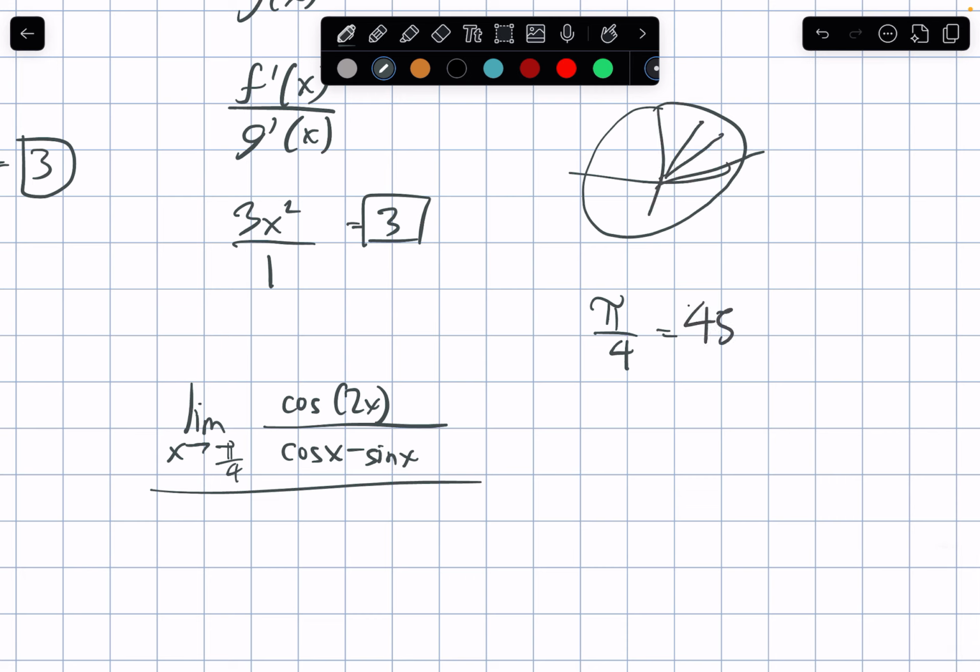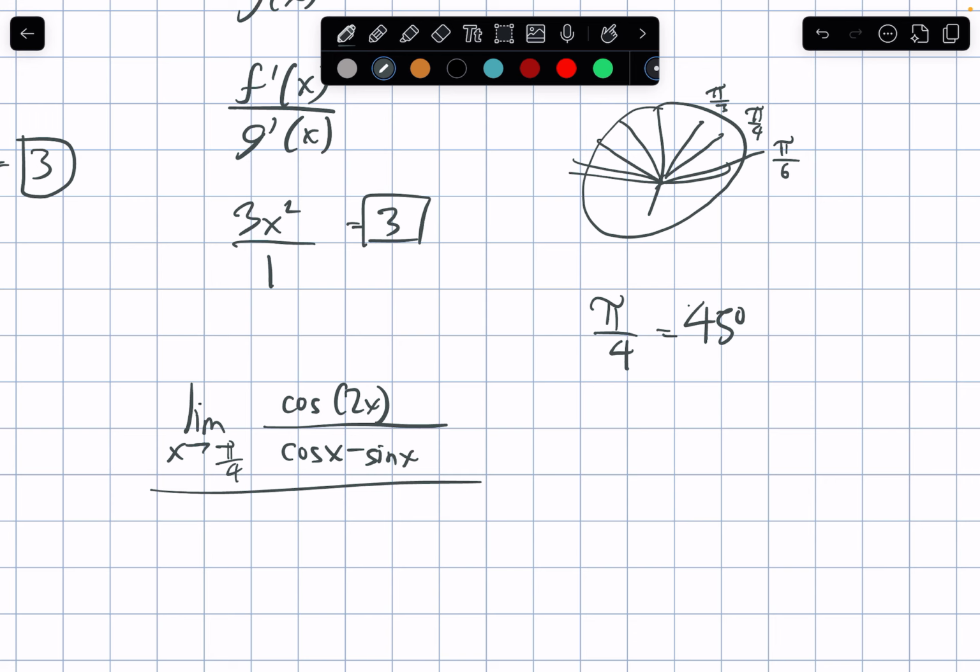This is 45 degrees. What I mean by 643 is this one is pi over 6, pi over 4, pi over 3. This is in quadrant 1 of the unit circle. 3, 5, 7. I don't really remember the other quadrants anymore. But essentially, it's still pi over something.